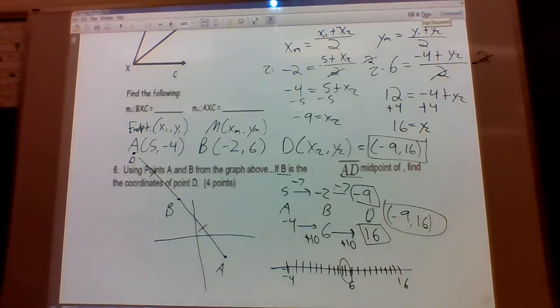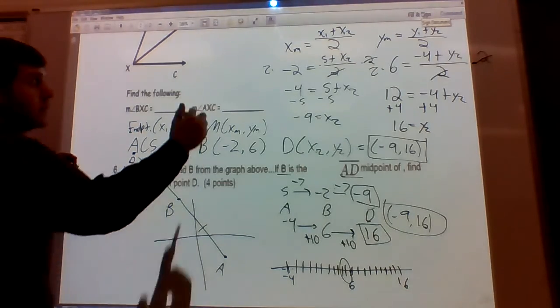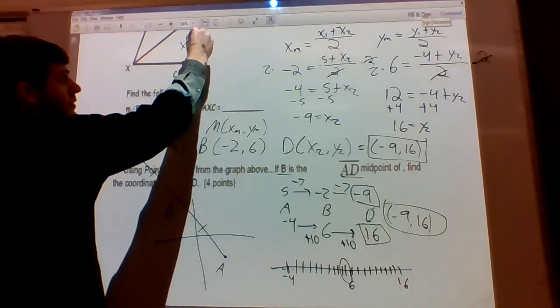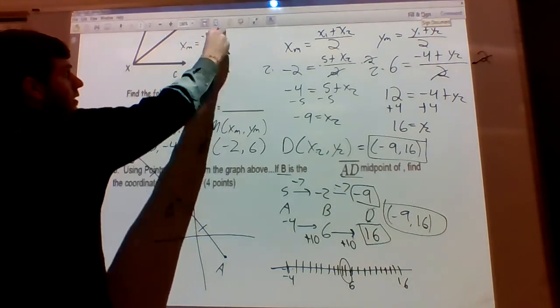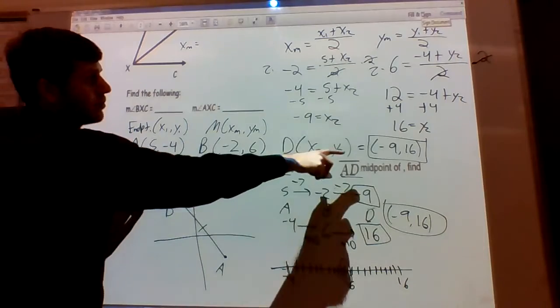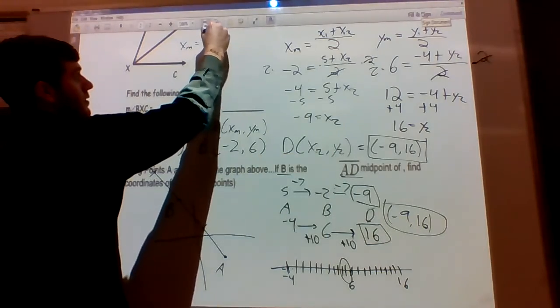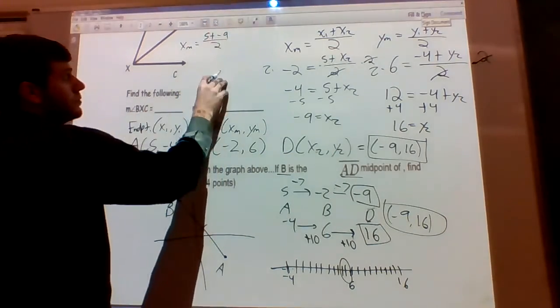All right, if we want to check, xm should be, we'll do it the other way, 5 plus negative 9 divided by 2.